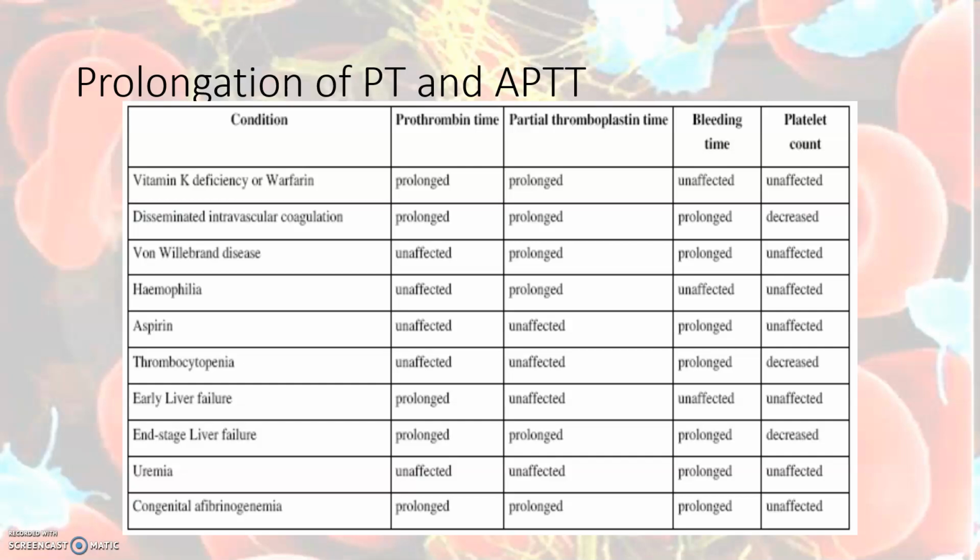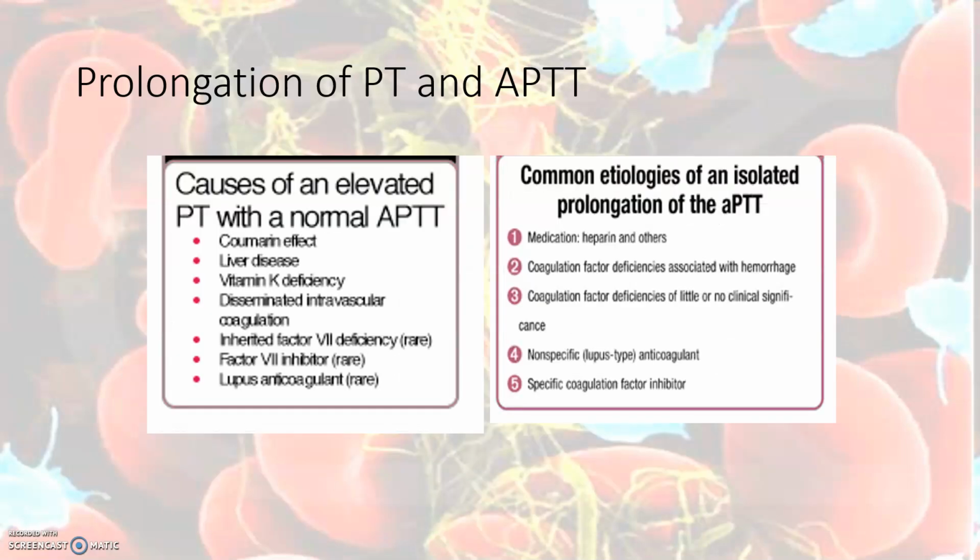Here are some conditions that may affect the PT and the APTT, and it's good to have an idea of this list, as you need to understand this to interpret the blood results when you get back a PT and an APTT. And again, this is just a short list of some of the things that can cause an elevated PT with a normal APTT, or alternatively, things that cause an isolated prolongation of the APTT.